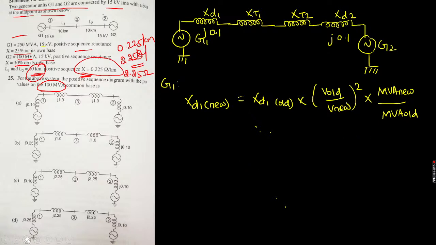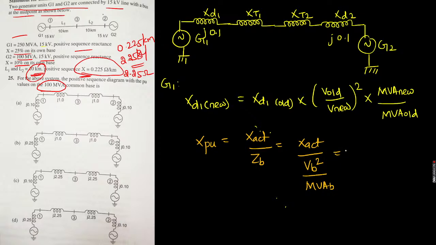I already taught you. Per unit reactance equals actual reactance divided by base impedance, which is V base square divided by MVA base. Since the transmission line voltage is not given separately, can we directly take 15 kV as injected there? Yes, it is the same 15 kV. In our entire circuit it is 15 kV, common for generator 1 and generator 2.